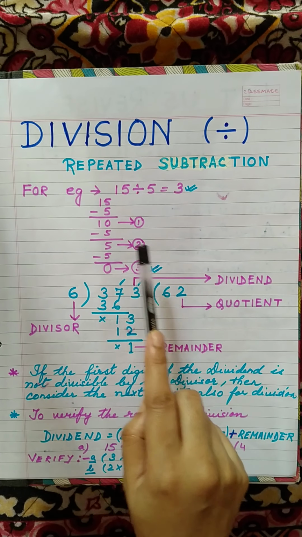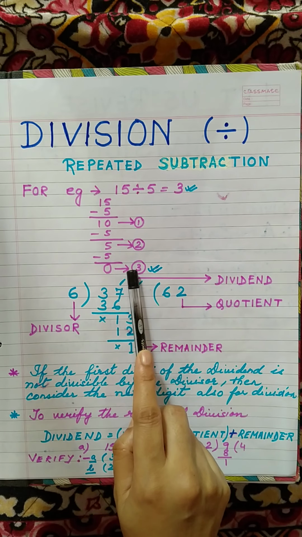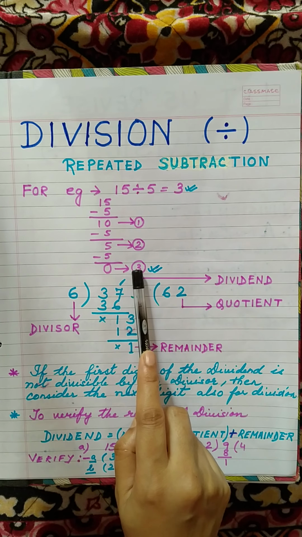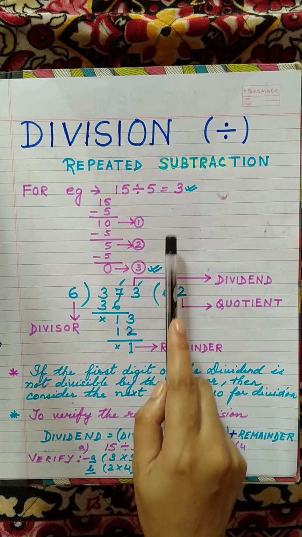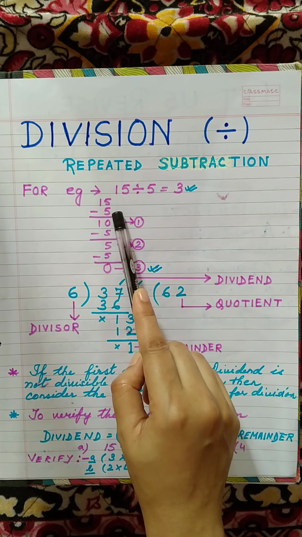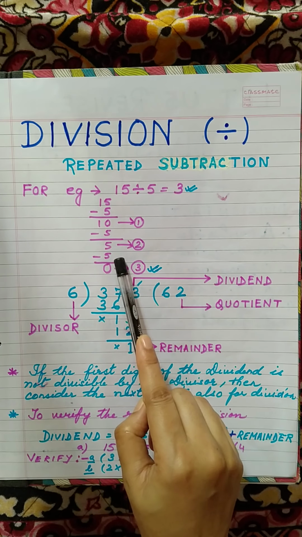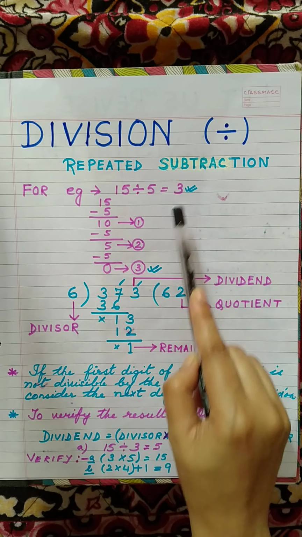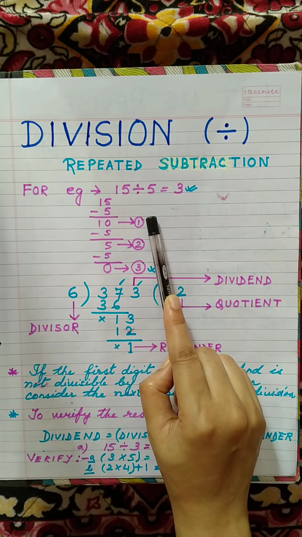We subtracted 5 three times from 15 before we got 0. Therefore, 15 divided by 5 is equal to 3. So here you see we have subtracted 5 three times and therefore the quotient is 3.